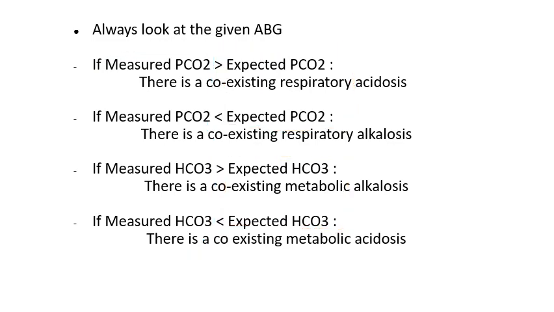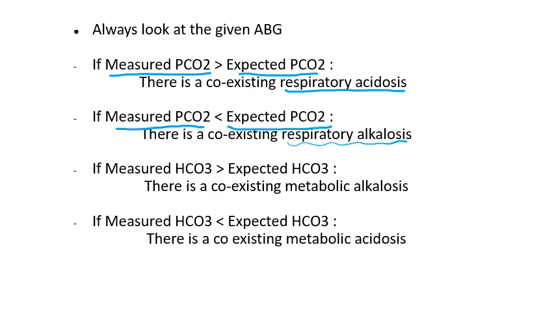Just imagine it like this: if measured PCO2 is more than expected, it means that the body is retaining carbon dioxide. In what disorder do we retain carbon dioxide? Yes, that's correct. It is respiratory acidosis. Then, if the measured PCO2 is less than expected PCO2, that is, the body is clearing more carbon dioxide, it results in what?